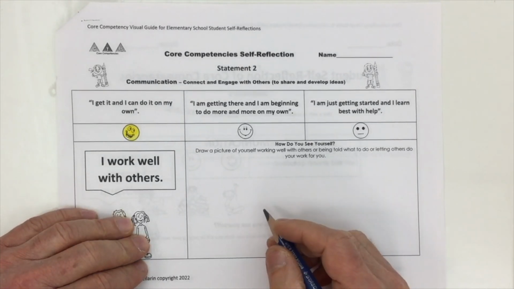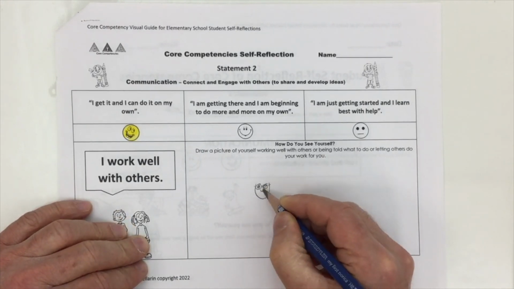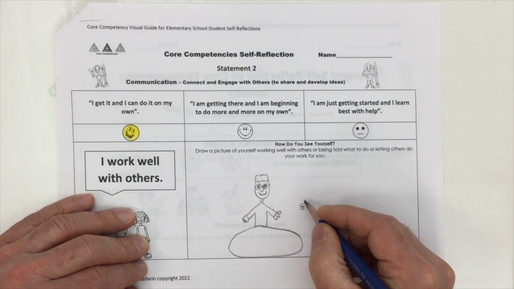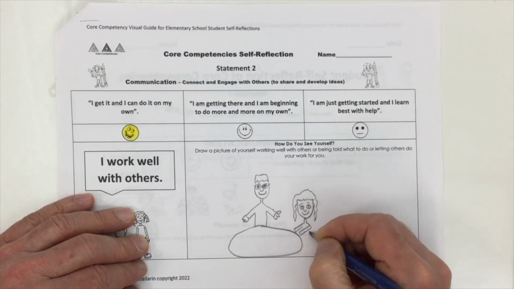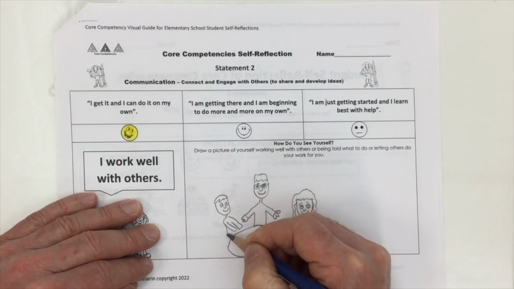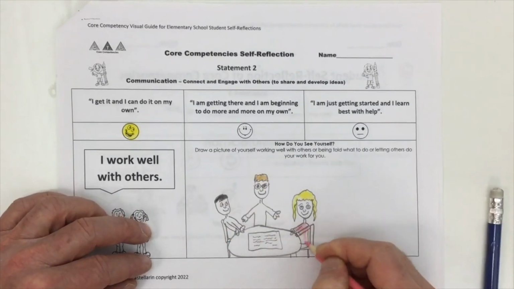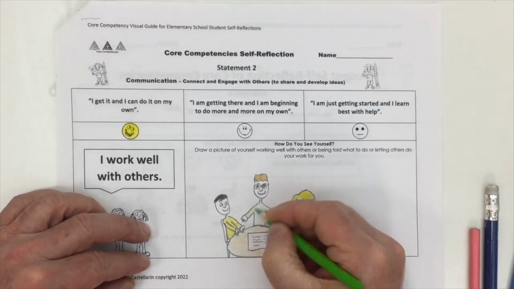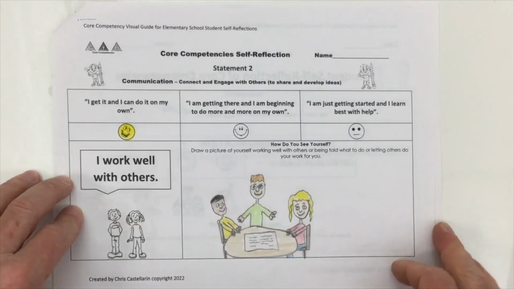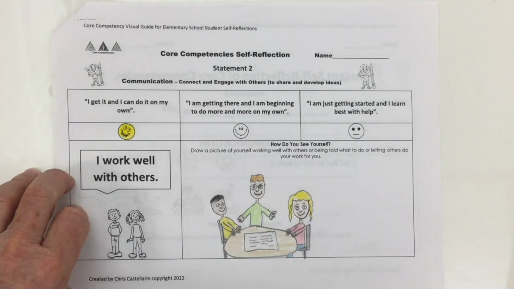So let's see, I'll draw a picture of myself working well with other people. There we go. So I've drawn a picture of 3 people, one of them being me, working really well together.